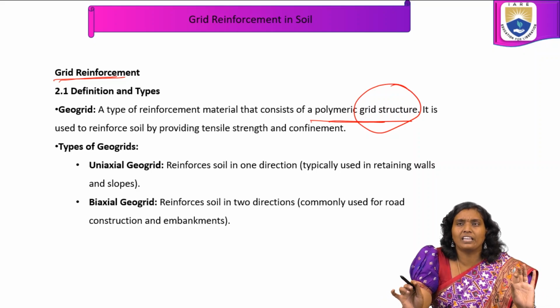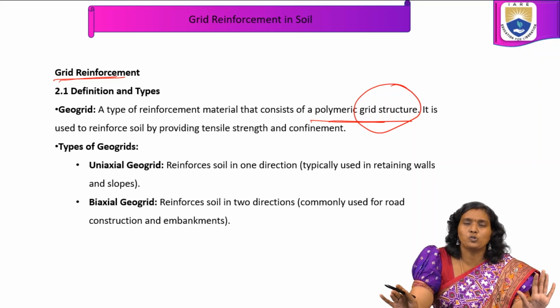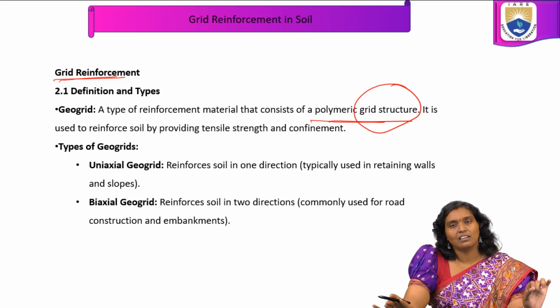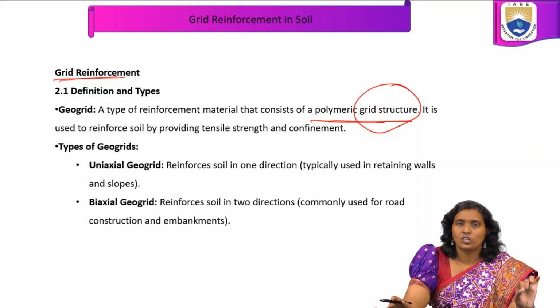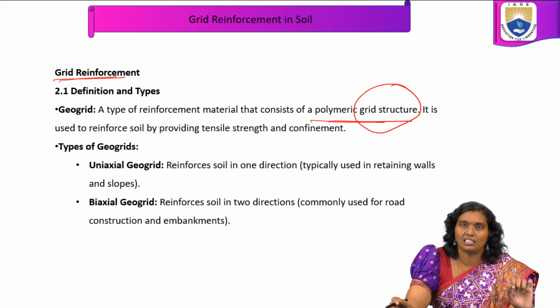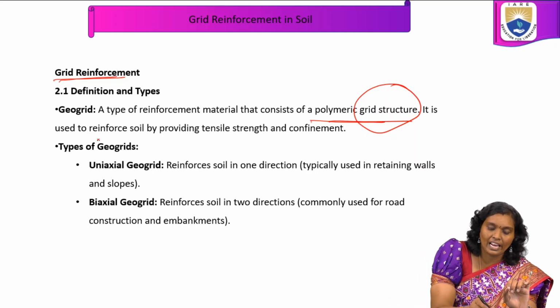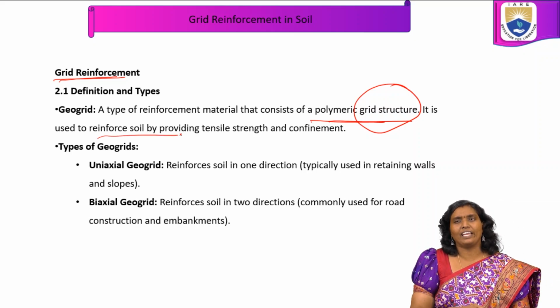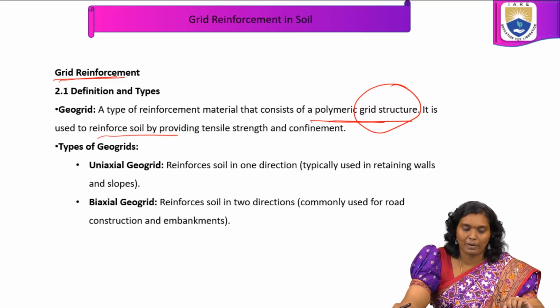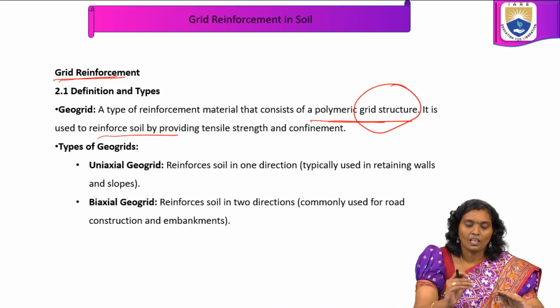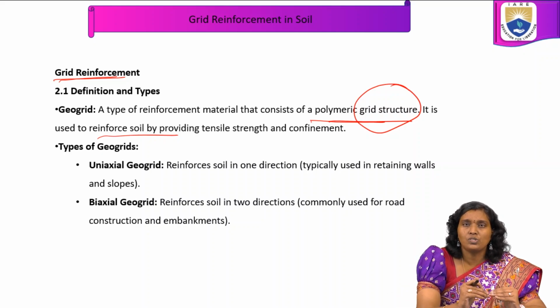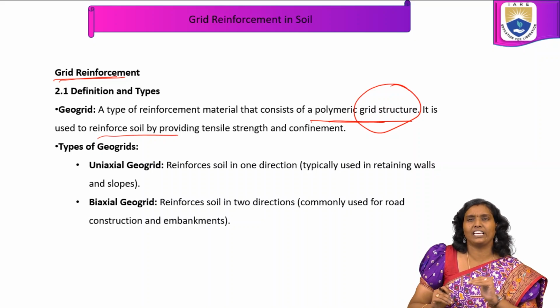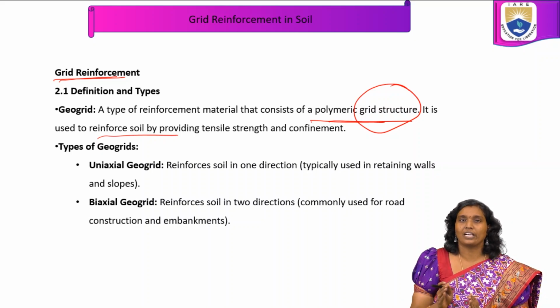Whenever the grid structure is there, such reinforcement is known as grid reinforcement, for enhancing the desired properties of the soil for construction purposes of the particular region. Geogrid is used to reinforce soil by providing tensile strength and also confinement.